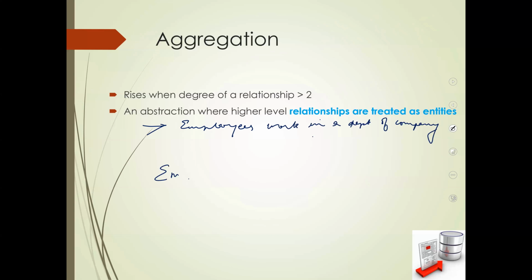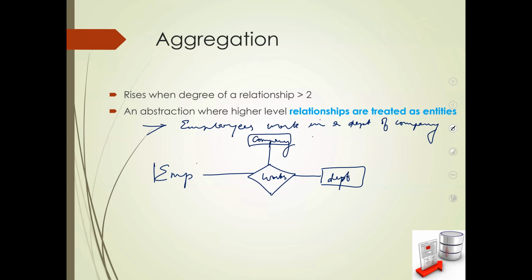You will have employee works in a department. You can have your ER diagrams. Employee works in the department of a company. So all these are related with a single relationship. Degree is greater than 2. You do have a degree which is 3.